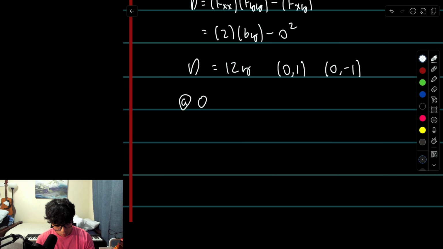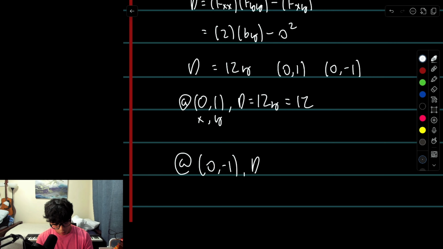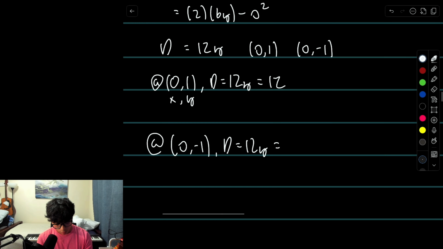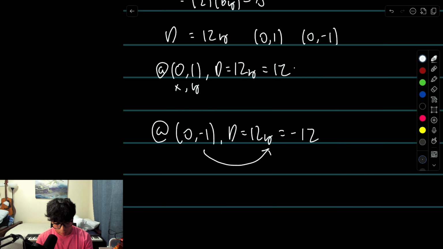So at (0, 1), which remember, this means our x is 0, our y is 1, our discriminant equaling 12y becomes 12 because we're plugging in 1 to our y. And at the point (0, negative 1), our discriminant 12y equals negative 12, since we're plugging our y as negative 1.